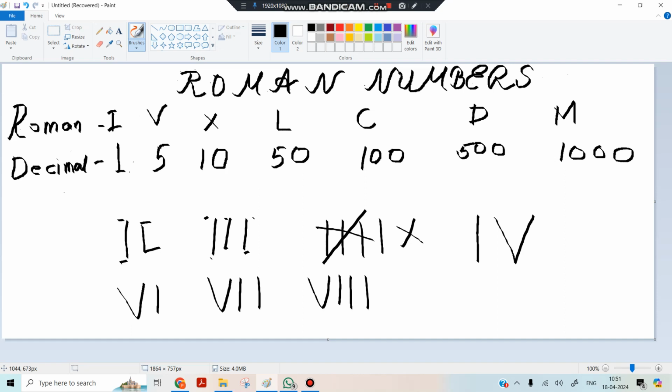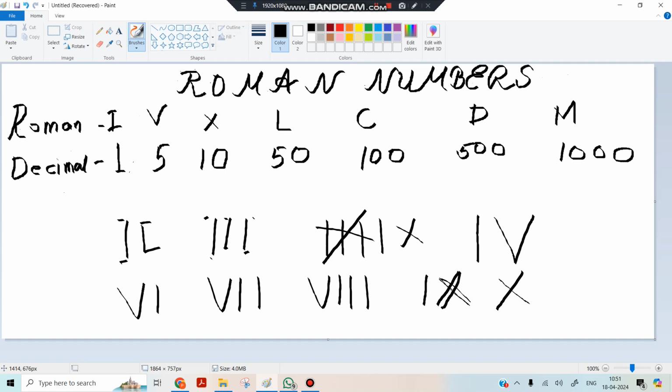But if I have to write 9, will I write V and 4 times 1? No. We will write 10 minus 1. X stands for 10 and minus 1, which gives us 9, and then 10 is X.